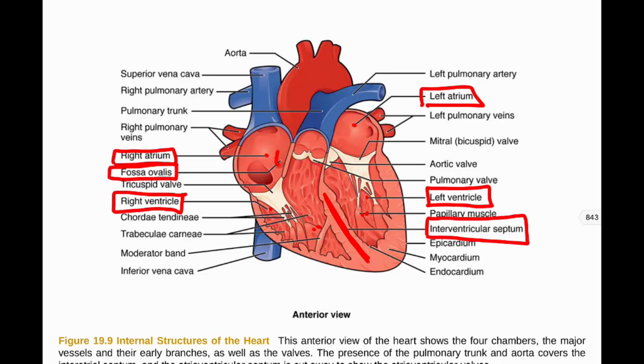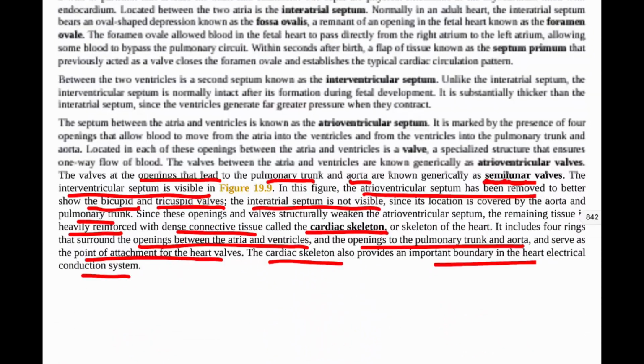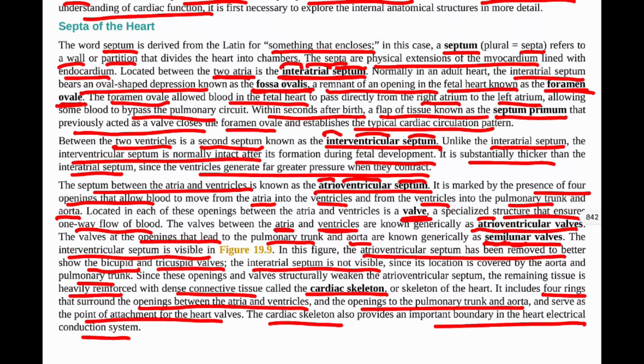All right, then if we move back up, we talked about the different septa here, the interatrial septum, which you can't really see in the image. We saw the fossa ovalis, which used to be a foramen ovale, and then was closed up by the septum primum after birth. Then we saw our interventricular septum, that really nice thick one between the 2 ventricles.